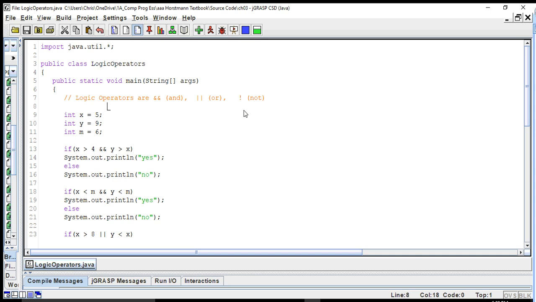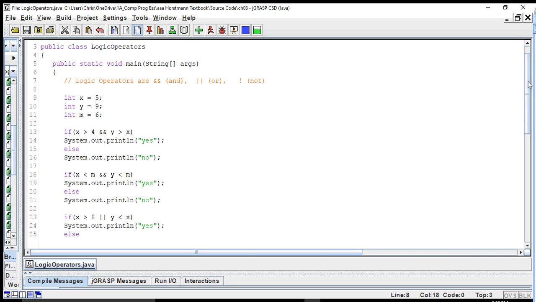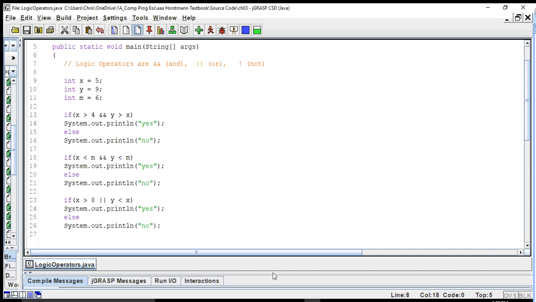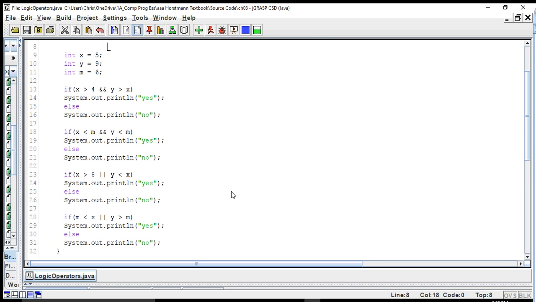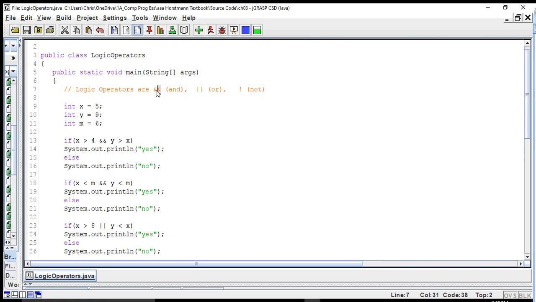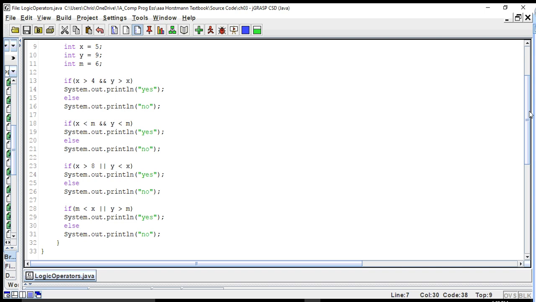So basically what we did in class is I had students look at this code here and tell me what they think it's going to print after understanding what these words mean, and almost everybody got it right.